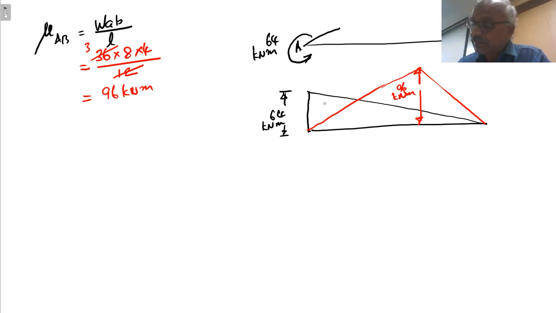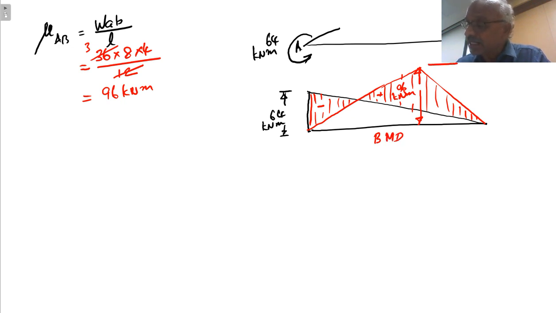So this is minus, this is plus. Net bending moment is this. This is negative, this is positive. This is our bending moment diagram.